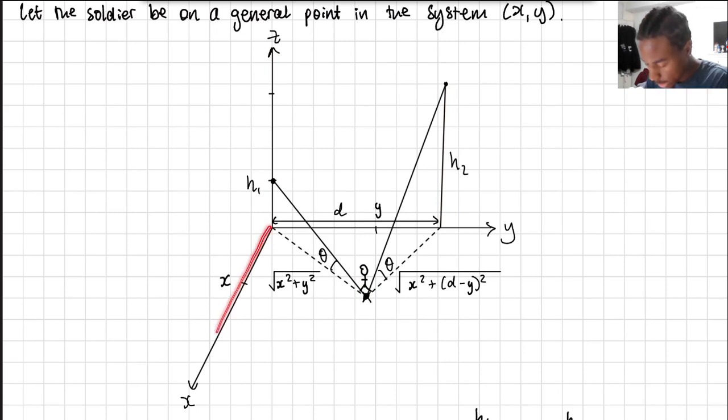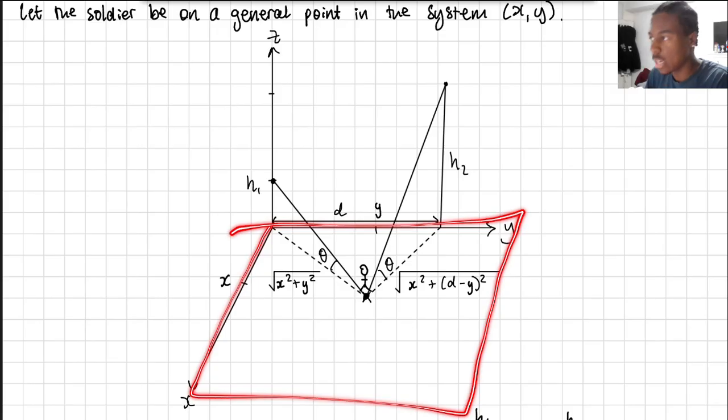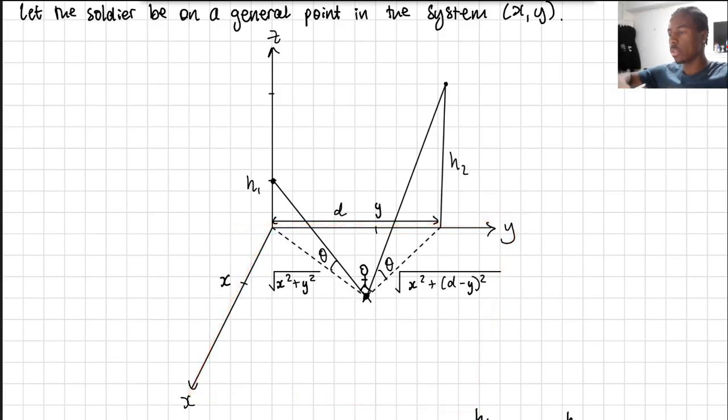Okay, so this means that the xy plane you can imagine as the ground floor. Okay, and then we have our soldier, who is on the ground floor, and they're going to traverse some circle.